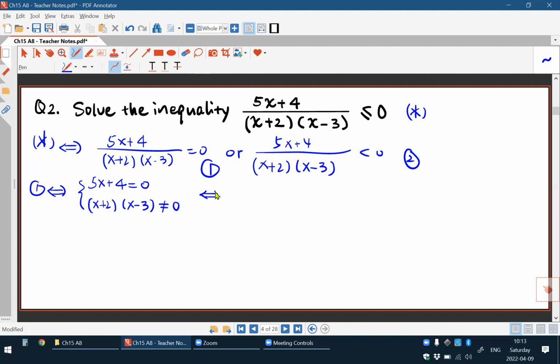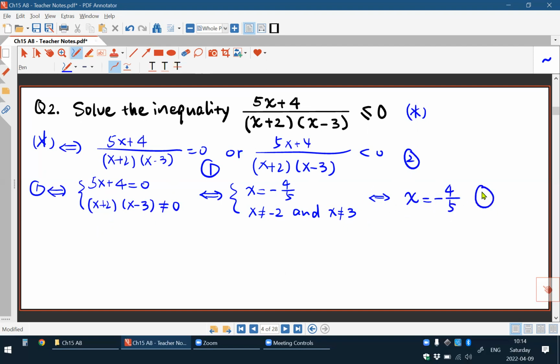And then we can solve this system. So first of all, x is -4/5, and then x cannot be -2, and x cannot be 3. If you consider both of the conditions, this is equivalent to x can be -4/5.